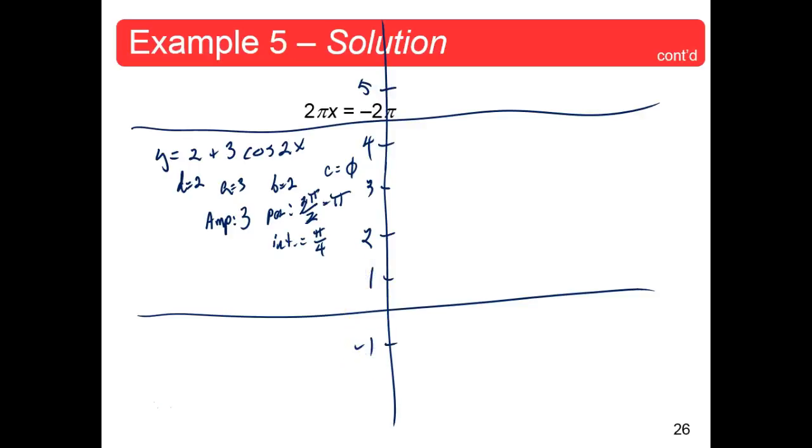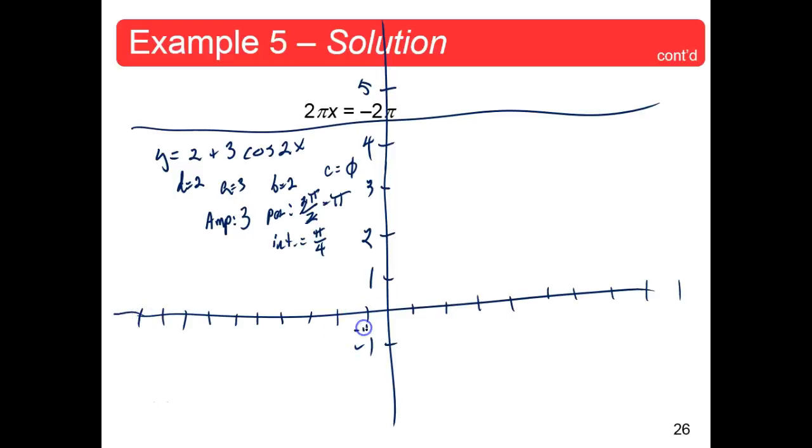Now, my interval, pi quarters, there is no phase shift, so we're going to need quarter pies. Let's do 1 quarter, 2 quarter, 3 quarter, 4 quarter, 5 quarter, 6 quarter, 7 quarter, 8 quarter, 9 quarter. Minus 1 quarter, 2 quarter, 3 quarter, and so on. Okay.